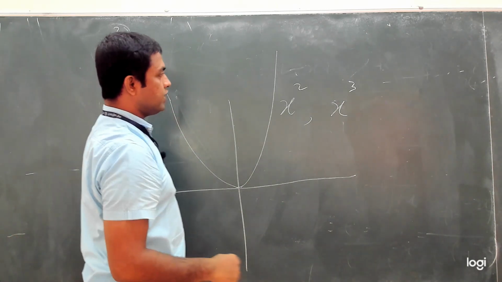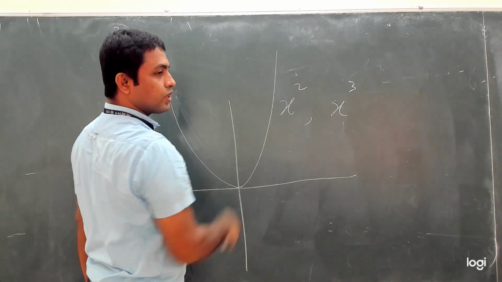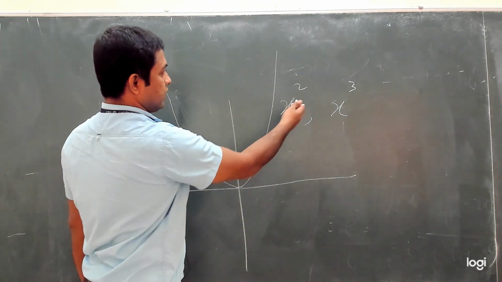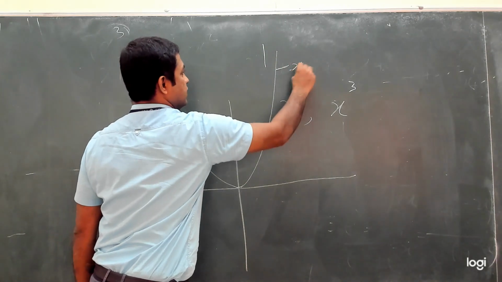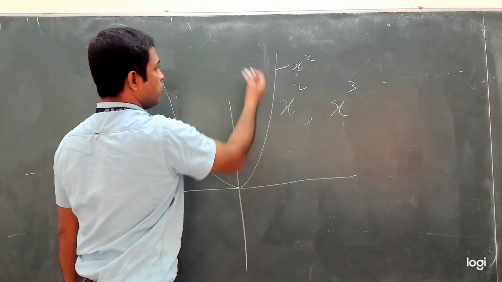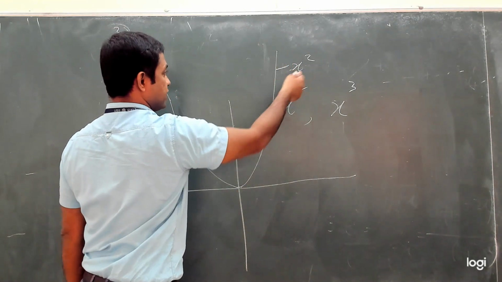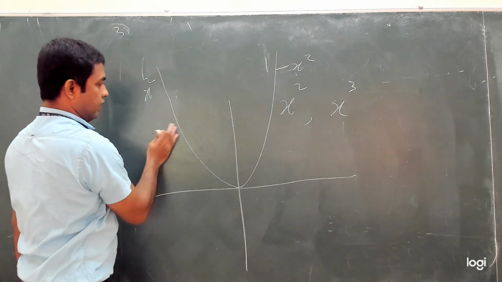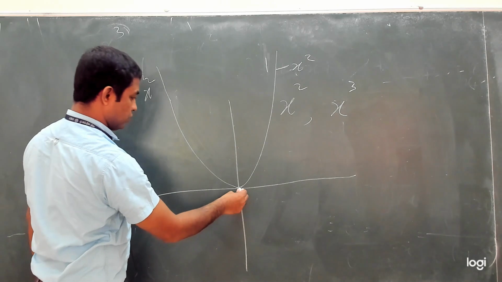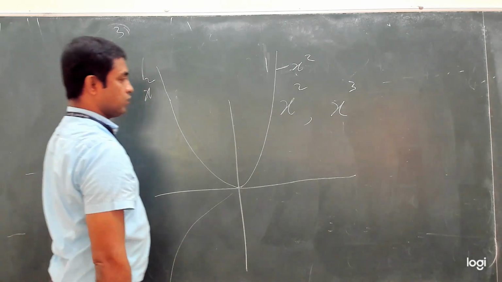So now the question is x cube. So infinity things you understood, right? So x cube goes faster. So this is x square, and x cube will be a value very much higher than x square for large x. And anyway, this side let us not worry now, because x cube goes to this side.